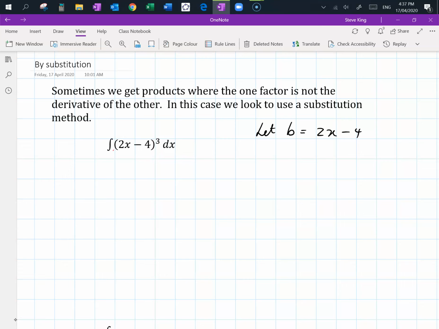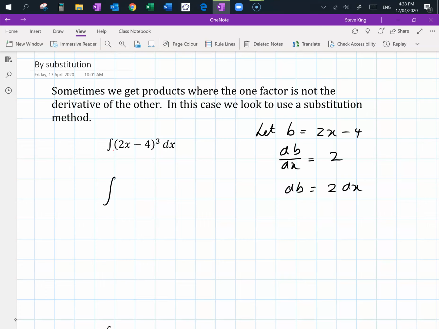Now, I've got a function there, b in terms of x, so I can say, right, db dx is going to be simply 2. Now, if I do that, I can just take this one step further, and I can say that db is going to be 2 dx. Now at this stage the integral looks like this.